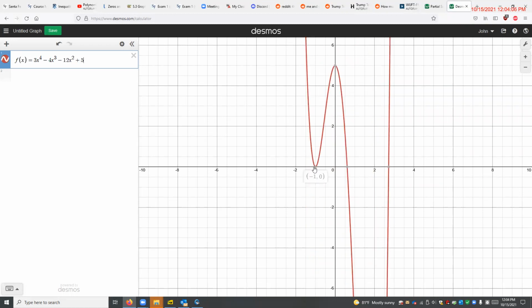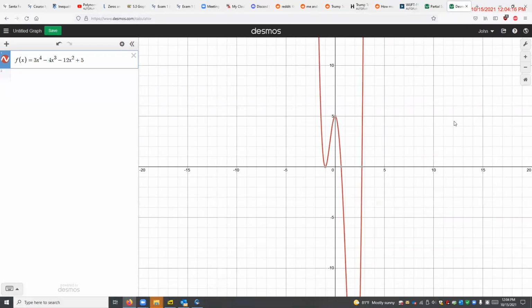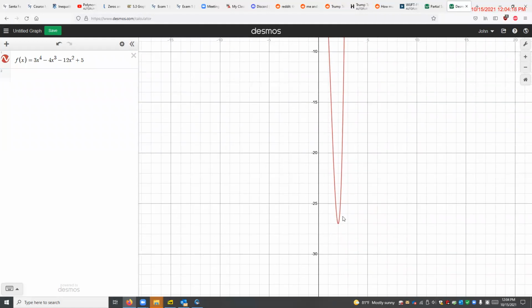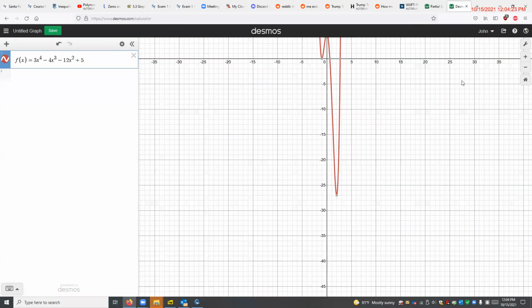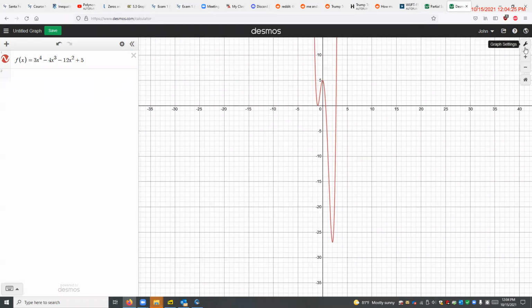Here we are, -1, 0. And that looks like a local min to me. 0, 5. And that looks like a local max, doesn't it? And then if we zoom out a little bit and go down, we'll find our other local min at 2, negative 27. Not too bad, right?